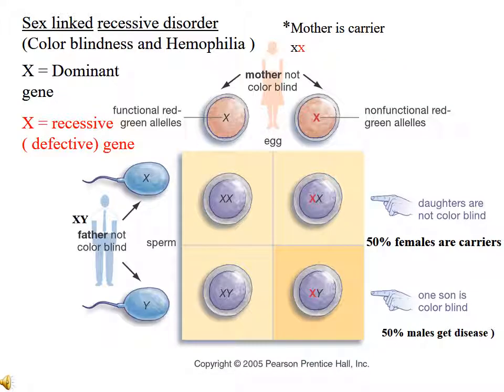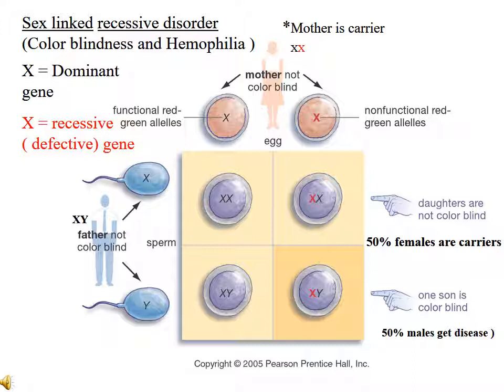Now, in a sex-linked recessive disorder, such as color blindness or hemophilia, let's look at a cross between a mother who is a carrier. Notice the carrier is written as black X and red X. The red X indicates the chromosome that has a defective gene.